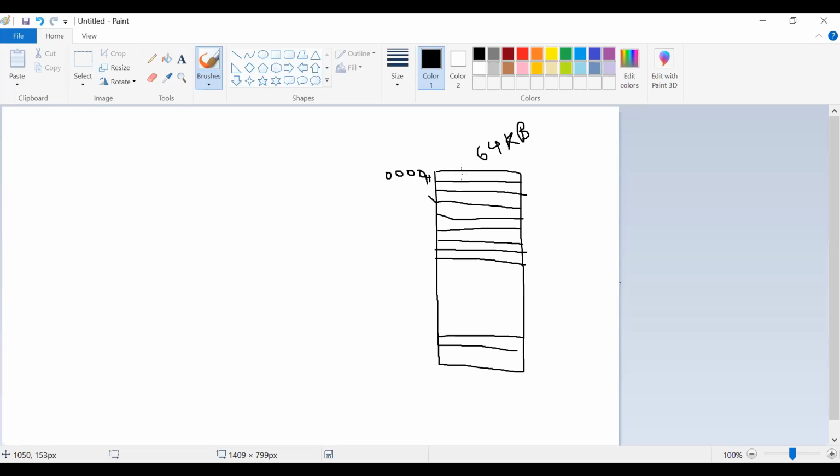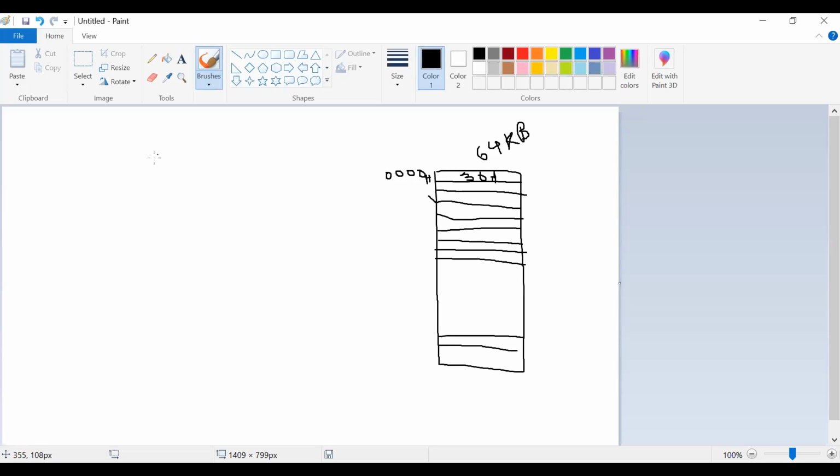Only 8-bit, like 30, as I have written. 30 is an 8-bit number in the hexadecimal number system.